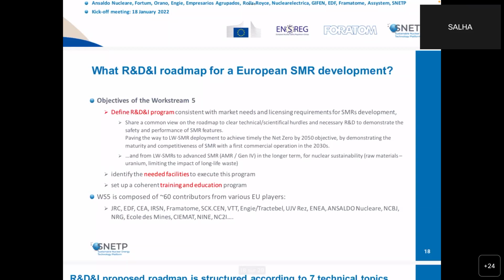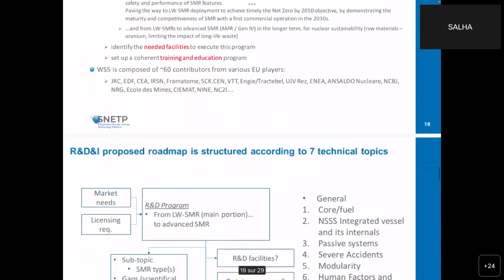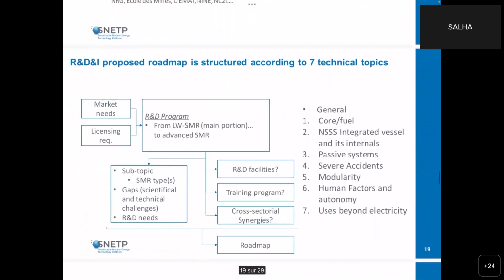And so in that respect, we have different contributors coming from different industrial partners, but also research partners. I'm going still a little bit in detail, and then I'm going to stop about that. You have here, in fact, the different topics on which we intend to work. So you see seven topics.